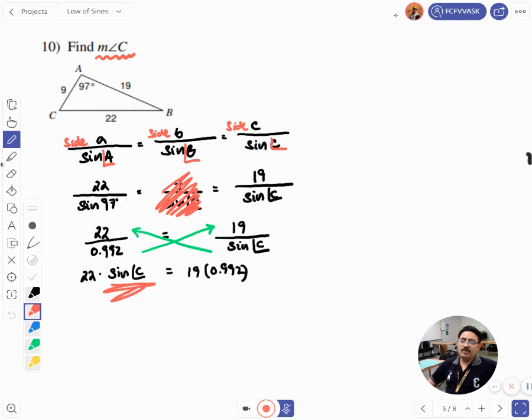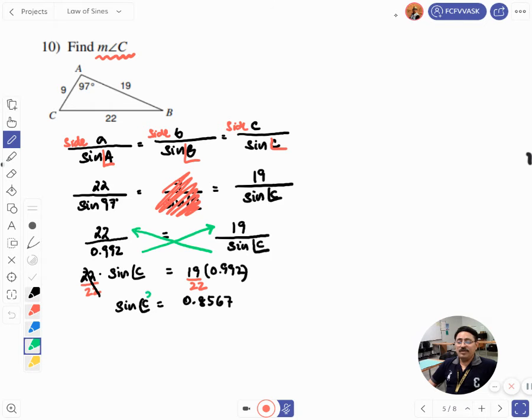As I mentioned before, our goal is to isolate the variable, so we go for the inverse operation, which is division. Sine C equals 19 over 22, and the result is multiplied by 0.992, which is 0.8567. You may take 3 or 4 decimal places, it's up to you.